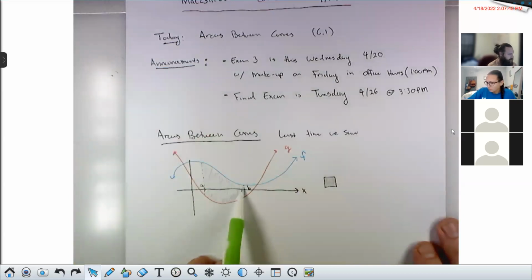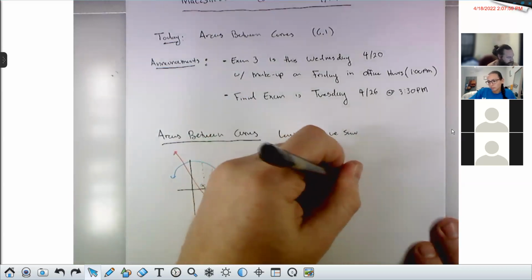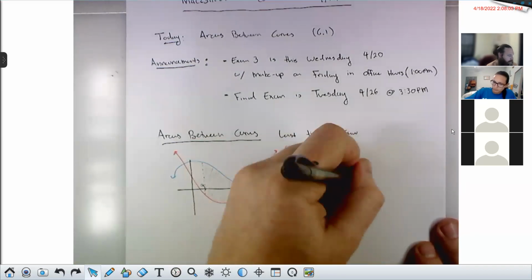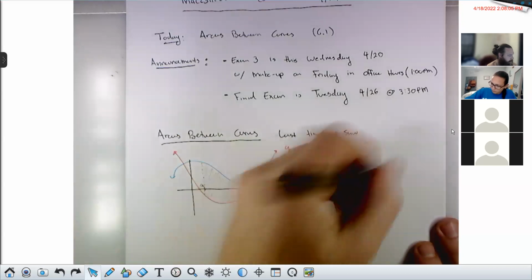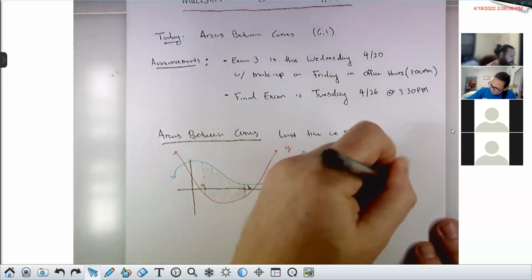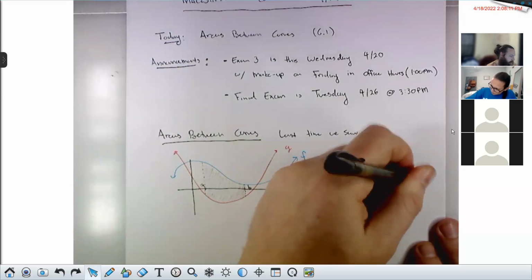It's worth noting that if you're to do the integral of the red here, this area would be measured as negative, and when you subtract it, it would become positive. So this comes out to, regardless of the orientation, integral a to b of the upper minus the lower. In this case, that would be f of x minus g of x dx.